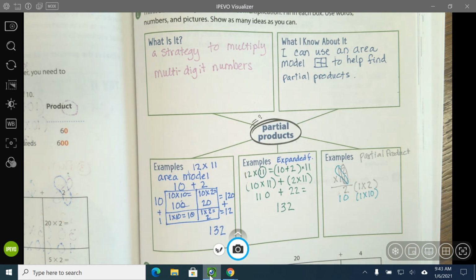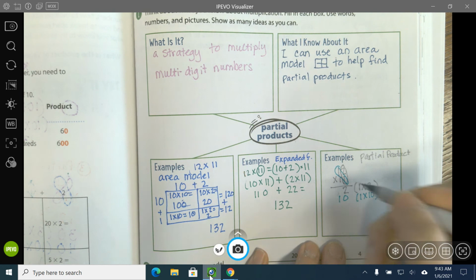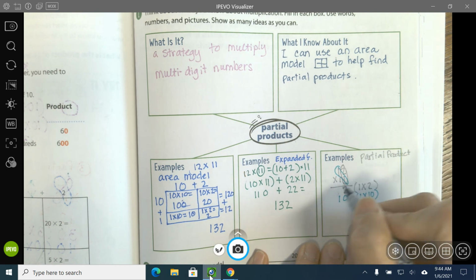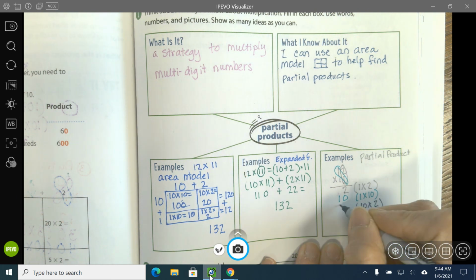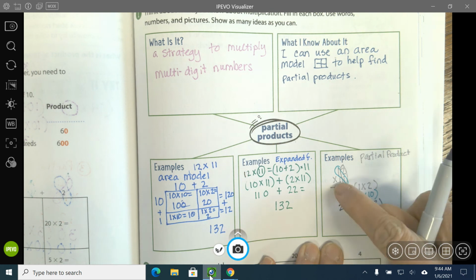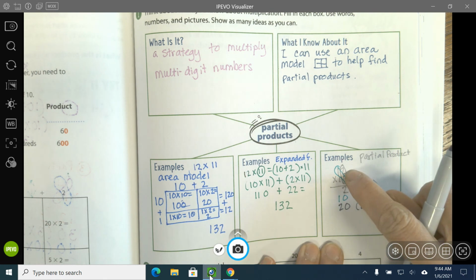All right, the next one, after I'm done with that, I'm going to take this one. This is not in the ones, this is in the tens place. So this is 10 times 2, which gives me 20, right? Because that's 10, and this is in the ones place.